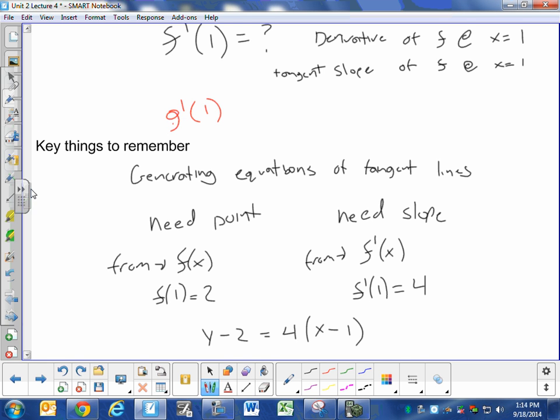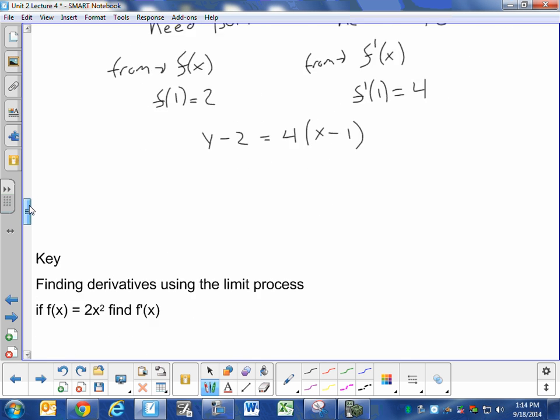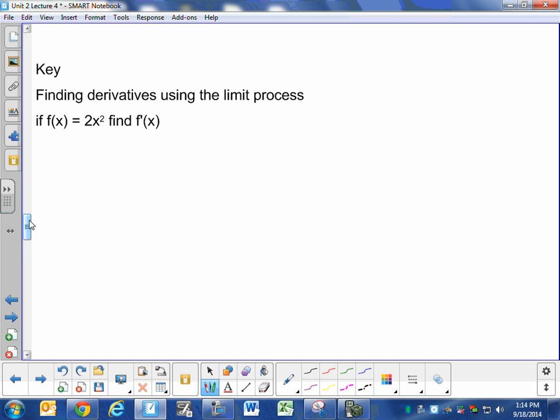Now let's do this with a couple of functions. Let's find the derivative function, the slope generator function, for maybe 2x squared. You'll need a lot of space for this.